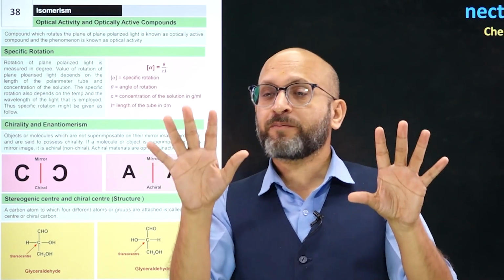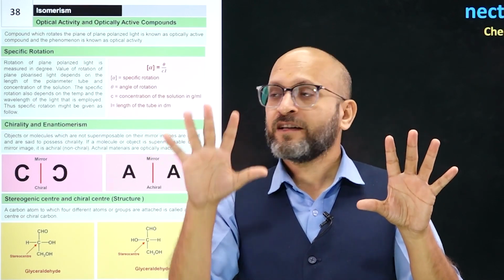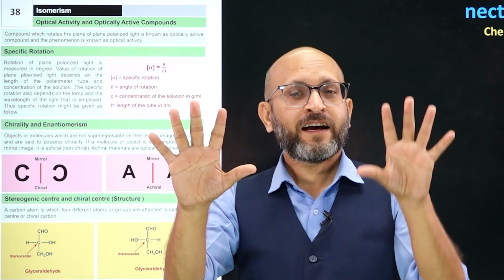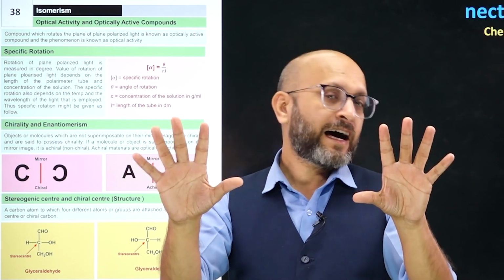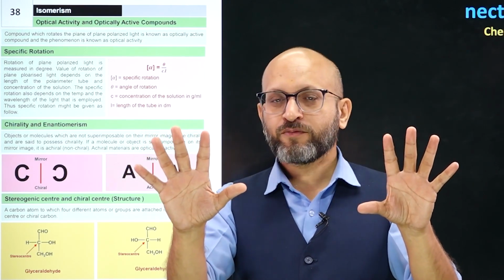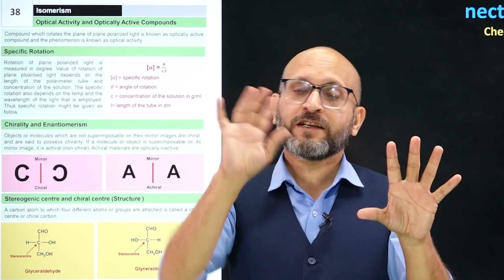So two molecules which are mirror images of each other are called enantiomers. One molecule is this and its mirror image is this molecule. These two molecules are known as a pair of enantiomers because they are non-superimposable mirror images of each other.